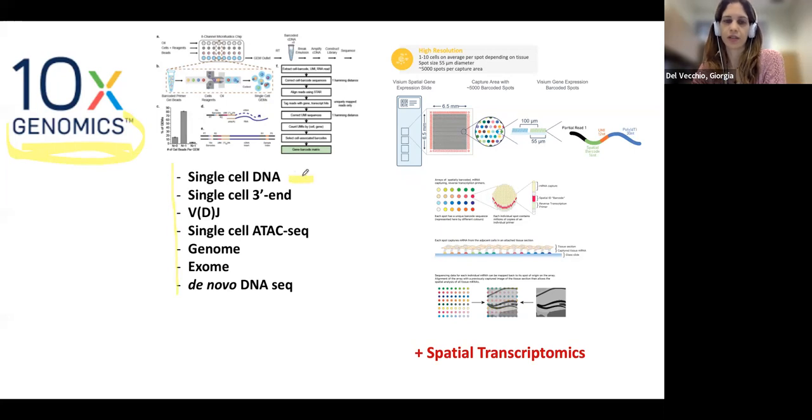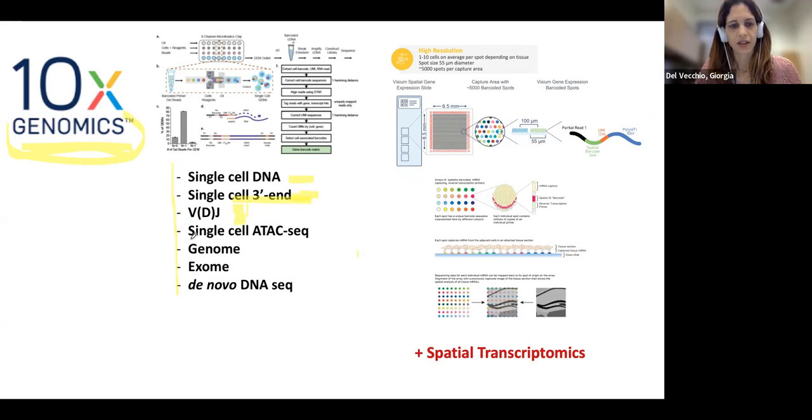If you are interested, for example, in looking at tumor versus normal cells and you want to look at the mutations, you are going to use single cell DNA for sure. And as I told you, the RNA-Seq is actually a 3' end sequencing. And then we have the PDJ, which is the 5' end sequencing.